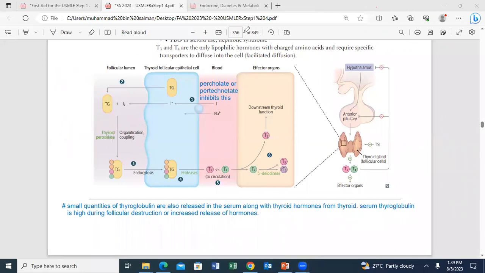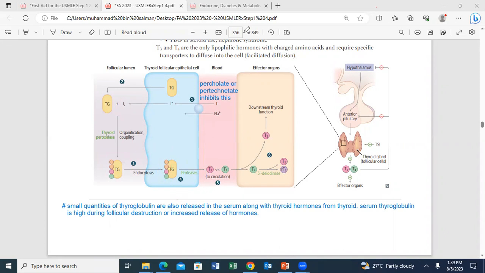All right, once we have a concept of organification coupling, what basically happens is that I2 iodine is added to the tyrosine molecules of thyroglobulin, and those tyrosine molecules are converted into monoiodotyrosine, called MIT, and diiodotyrosine, called DIT. So there are MITs and DITs on this thyroglobulin molecule.